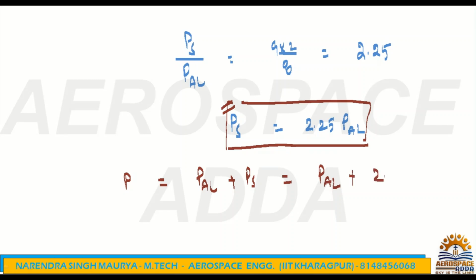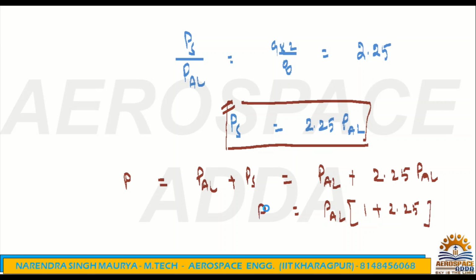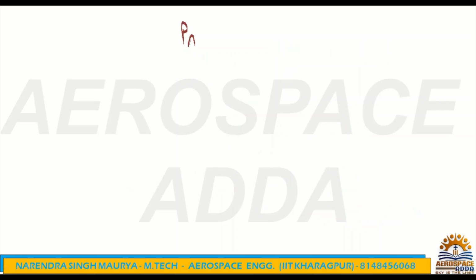What is PS? 2.25 of P aluminum. So you can take P aluminum common: 1 plus 2.25 is equal to P. So what is the P aluminum? Load on aluminum shared is P upon 1 plus 2.25, that is 3.25.